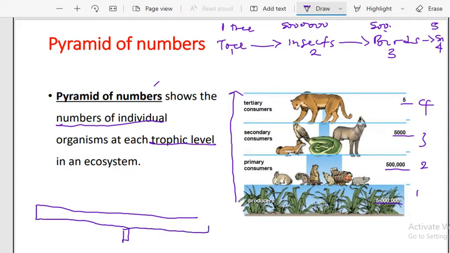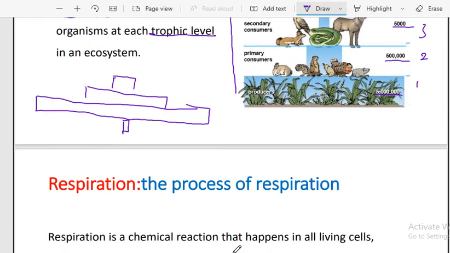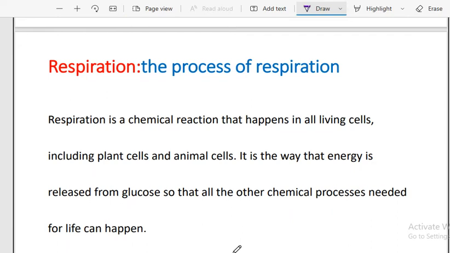I know it will be better with time. Then for the birds, which is not up to 5 million. Then we have 5 snakes, which will be more than one. So you see, it doesn't always give a pyramid shape because it has to do with the exact numbers of organisms in that particular food chain or ecosystem. That being said, the last thing we're looking at now is respiration.